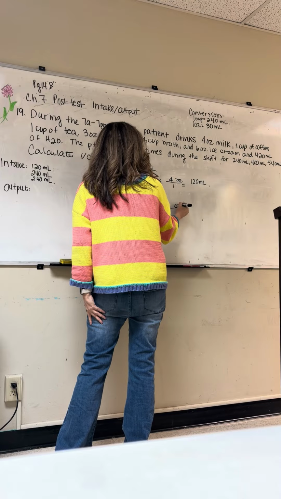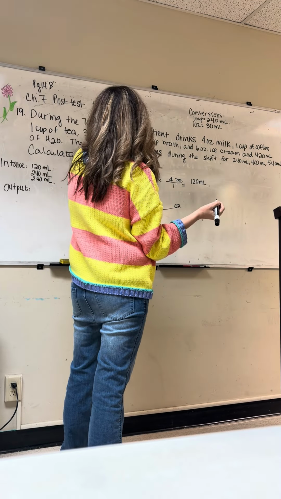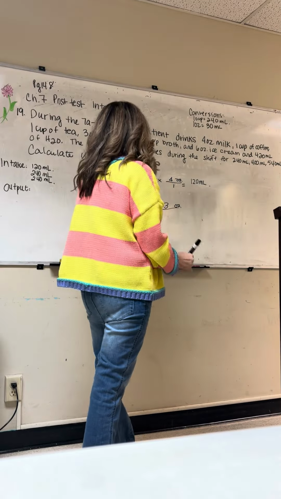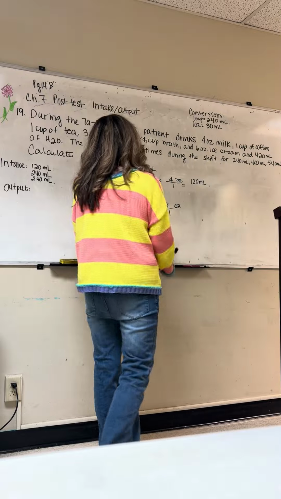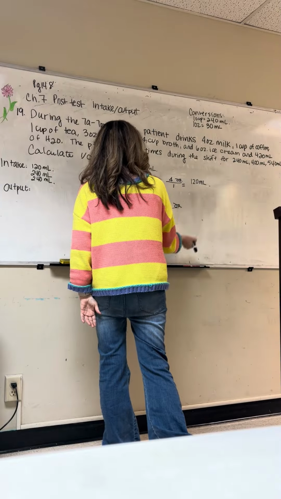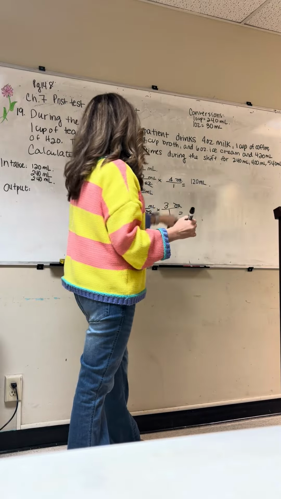Remember diagonal. All right. And the person had 3 ounces. Let's plug in what we know. Put 1 down here. So we're finding mLs, so we're going to cancel the ounces. So cancel, cancel. And 30 times 3 is 90.